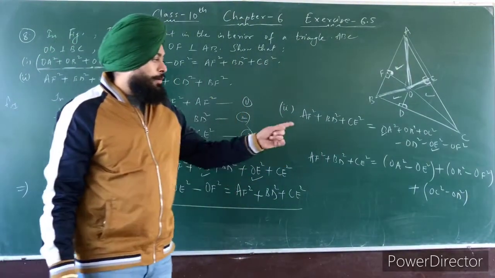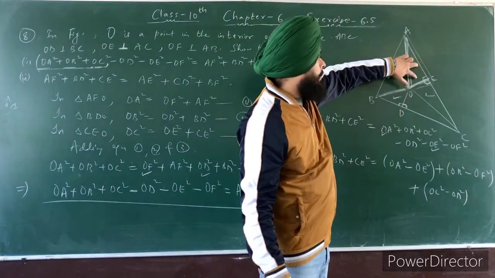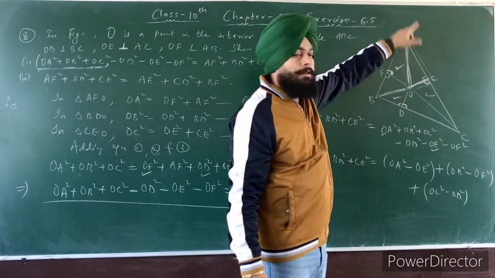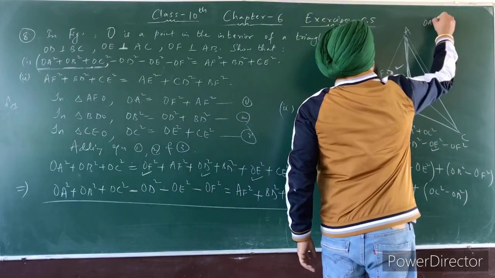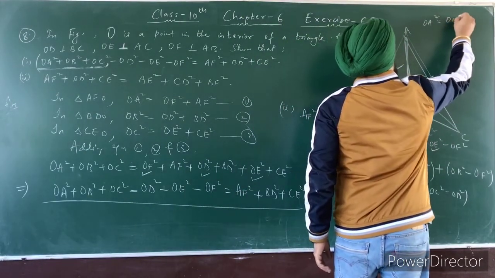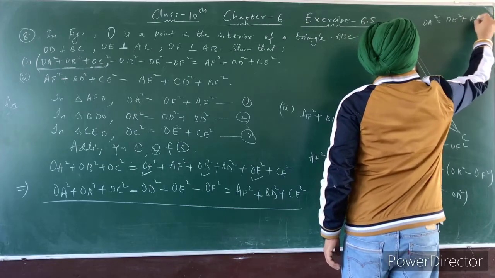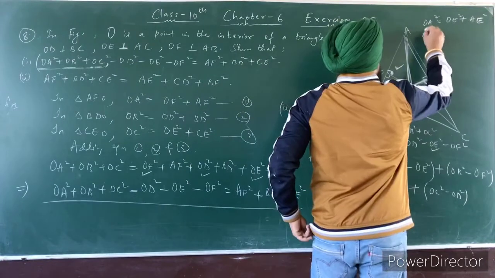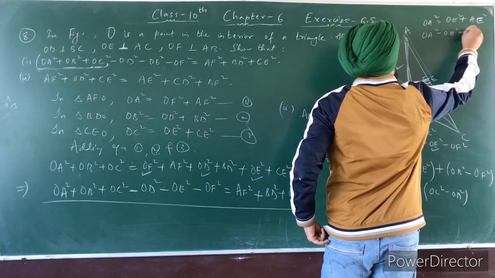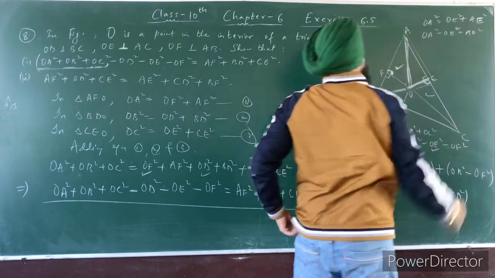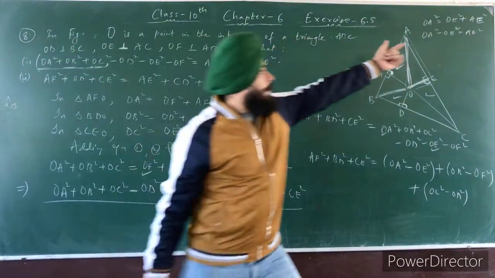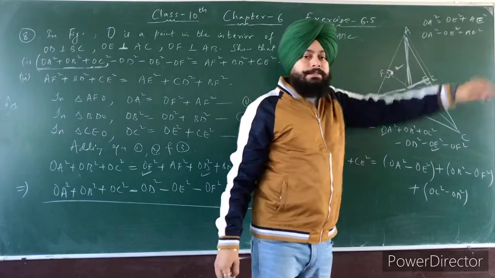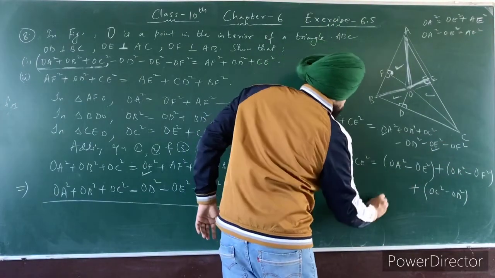Now you can see here OA square minus OE square comes in triangle AEO, and this is a right triangle in which OA is the hypotenuse. So OA square is equal to OE square plus AE square using Pythagoras property. So OA square minus OE square is equal to AE square.